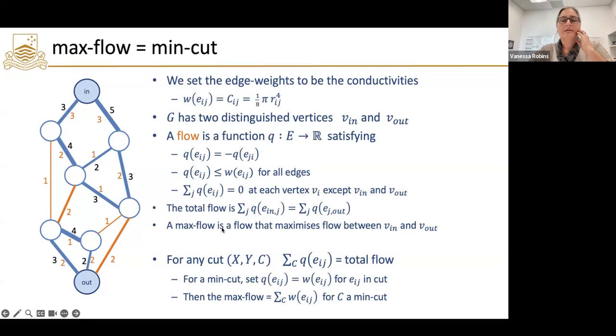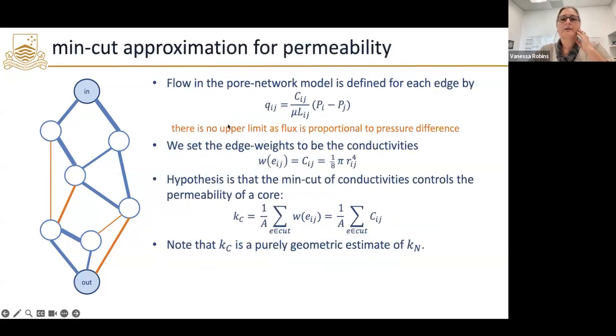And so we're going to now define our minimum cut version of permeability to be the sum of the capacities in a minimum cut, all right? And to get the dimensions correct, we have to divide by area, but that's also because permeability is this kind of averaged property. It's something that we've averaged out over the cross-sectional area of the sample, okay?